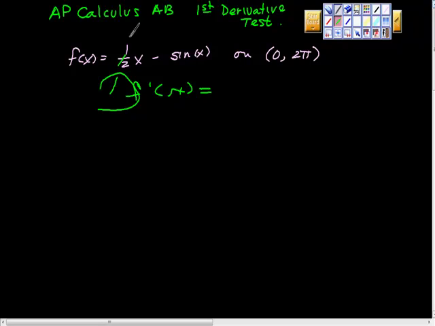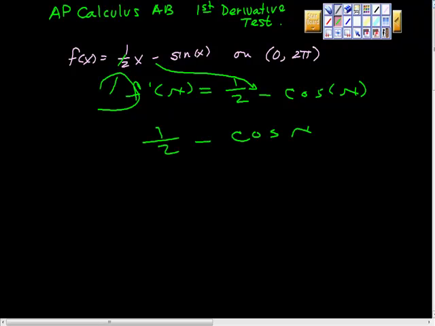So the first derivative of 1 half x is 1 half. This negative sign, the first derivative of sine x is cosine x. Okay, so now to find a critical value, we want to set the first derivative equal to 0 and solve with algebra.